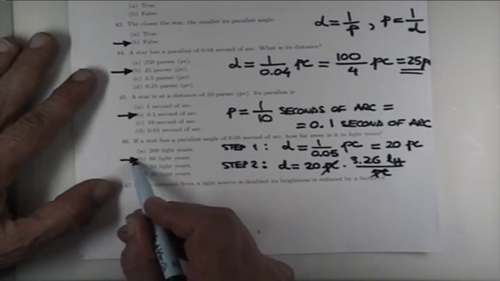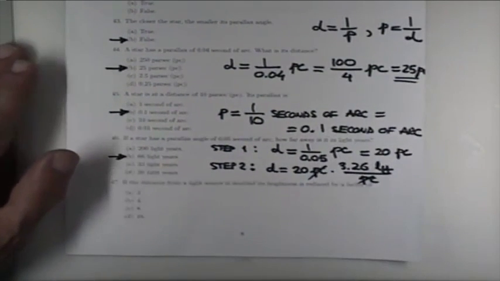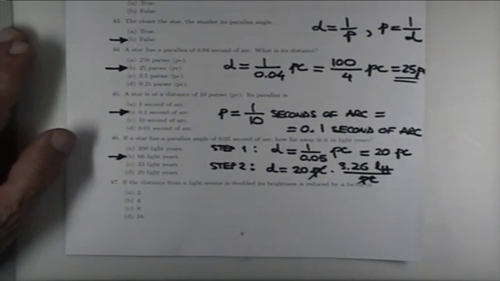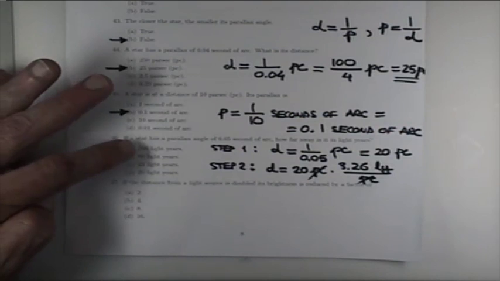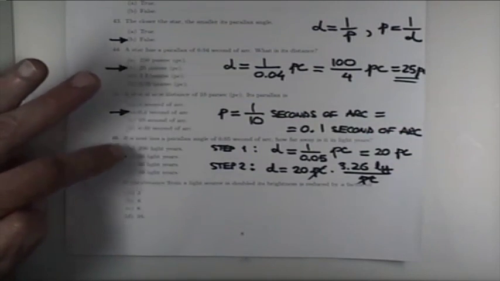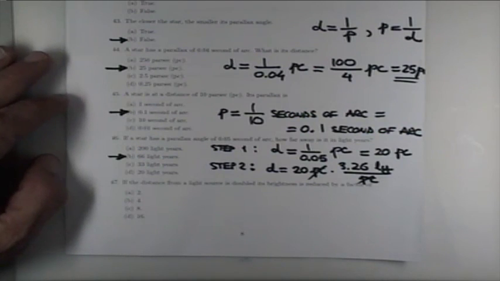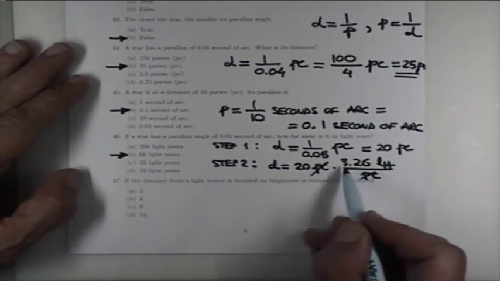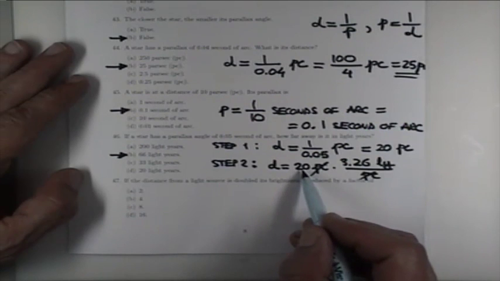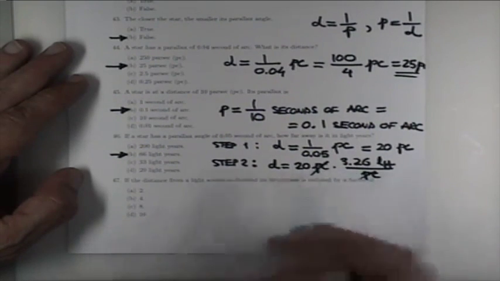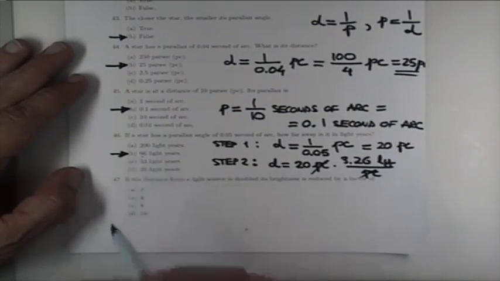So again, the correct answer is B. I give as possible answers numbers that are so different from each other that, even without using the calculator, you realize that when you multiply 20 with 3.26, the result is going to be closest to 66.